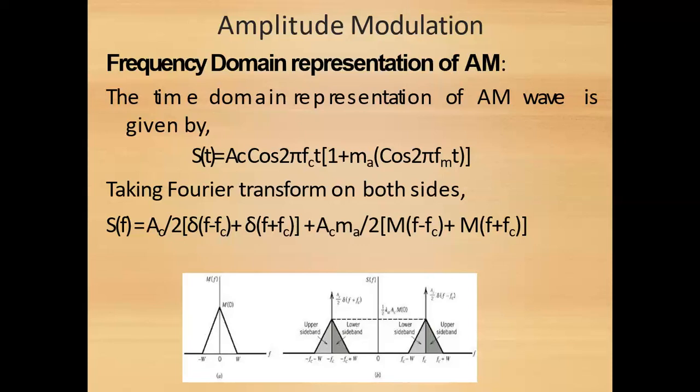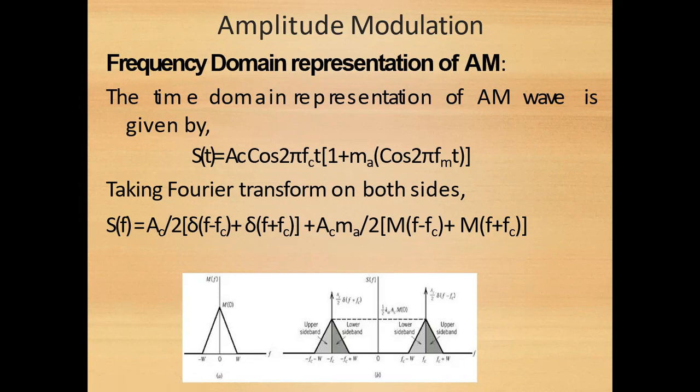By observing this Fourier transformed equation, that is the frequency domain equation, you can see it consists of an impulse signal and the input message signal. The impulse is shifting from f to f plus fc and f minus fc. So at fc and minus fc the impulse signal is represented in this spectrum.